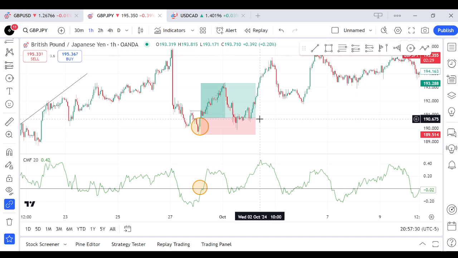So remember that relying solely on CMF for entries and exits can lead to false signals during choppy or sideways markets. So always combine it with other technical tools like moving averages or support and resistance levels or order blocks for better accuracy.